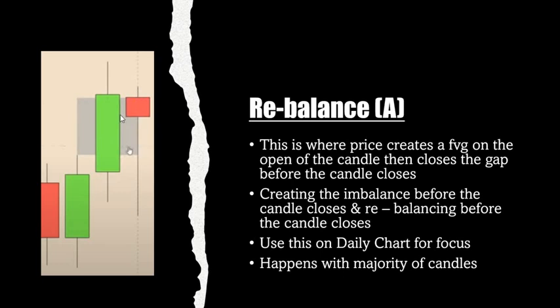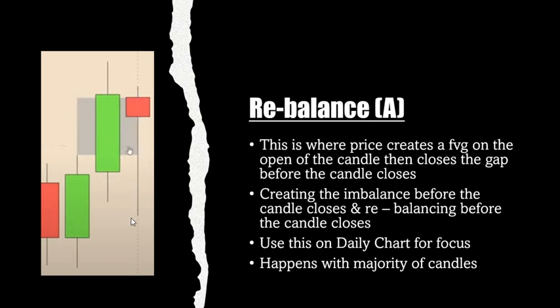Okay? So because of that, there's been an imbalance of price between this wick and this candle. But because it's imbalanced, what does price want to do? It wants to rebalance so that price is balanced. So the first example of rebalancing price is the market creating a fair value gap at the open of the candle. But before the candle can close, it closes the distance between this candle and this wick.